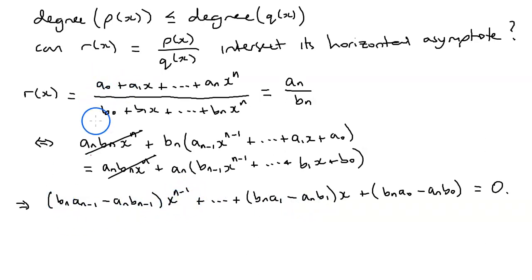And since, well, assuming bn an minus 1 minus an bn minus 1 doesn't equal 0.